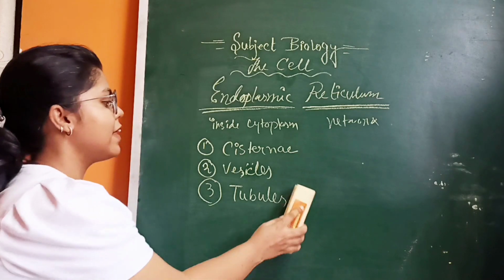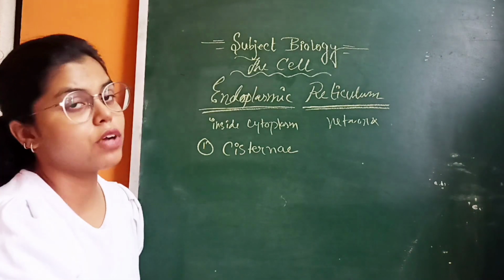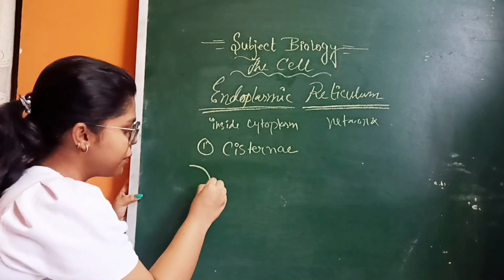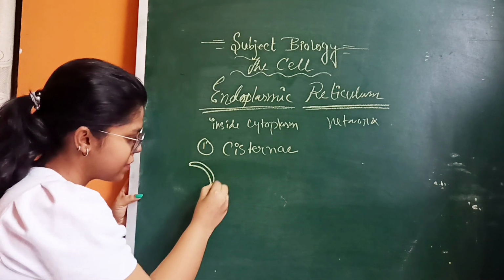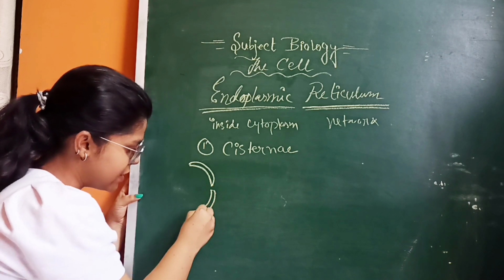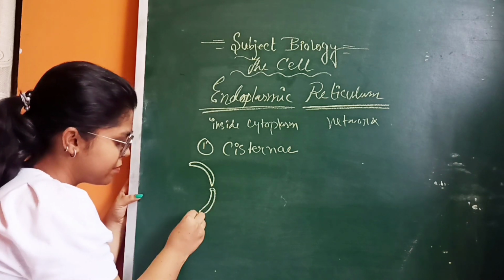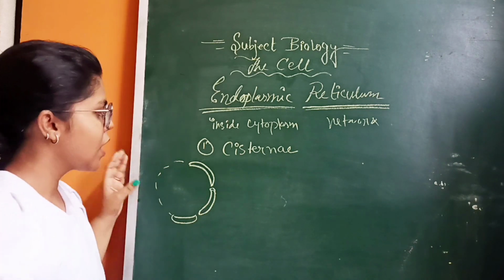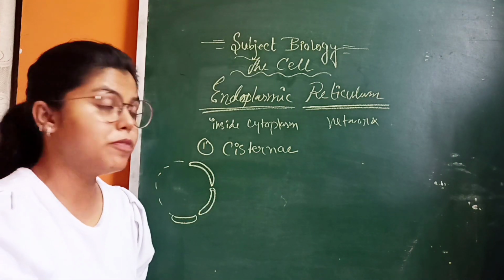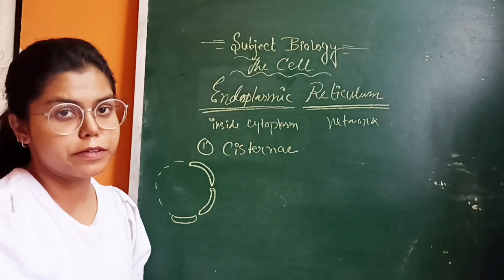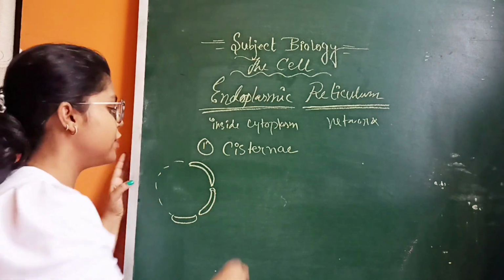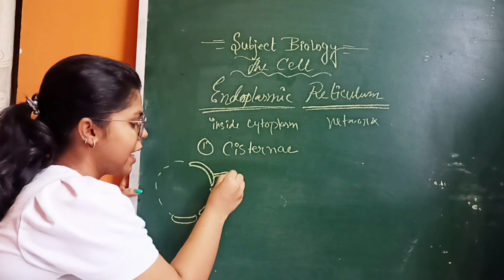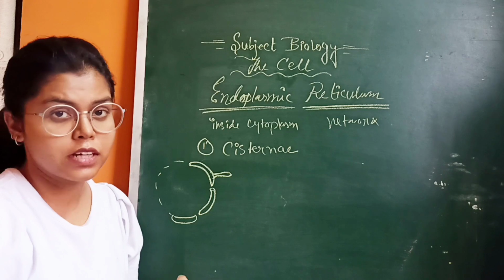First I am going to draw the structure of cisternae. This is the nuclear envelope. This is the nucleus. The cisternae is formed from the nuclear envelope. From the nuclear envelope, a protrusion occurs, or you can say an evagination.